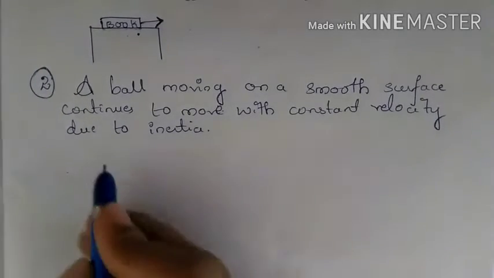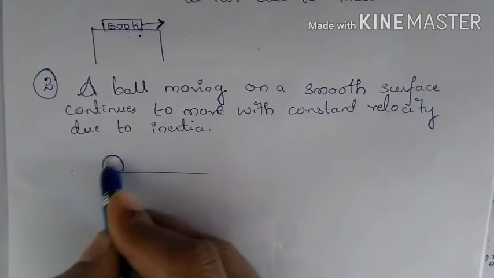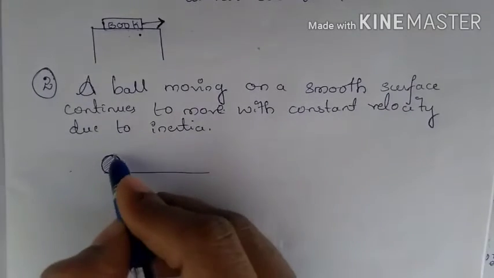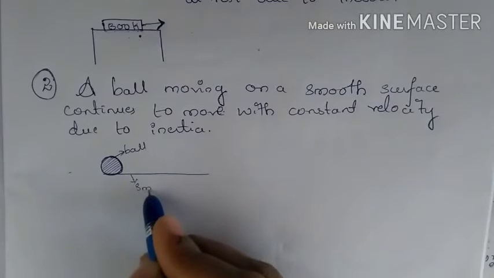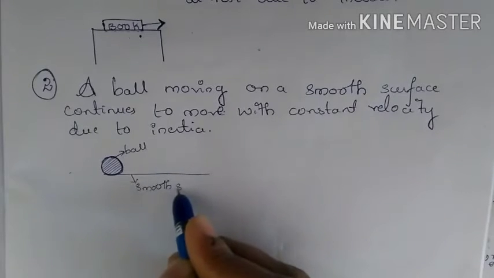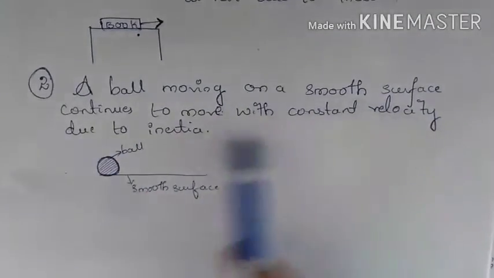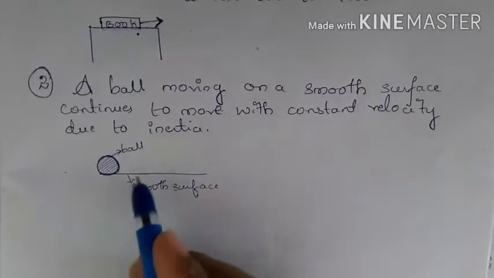So you have a smooth surface on which a ball is moving. This is a ball, and this is the smooth surface. A ball moving on a smooth surface continues to move with a constant velocity due to inertia.